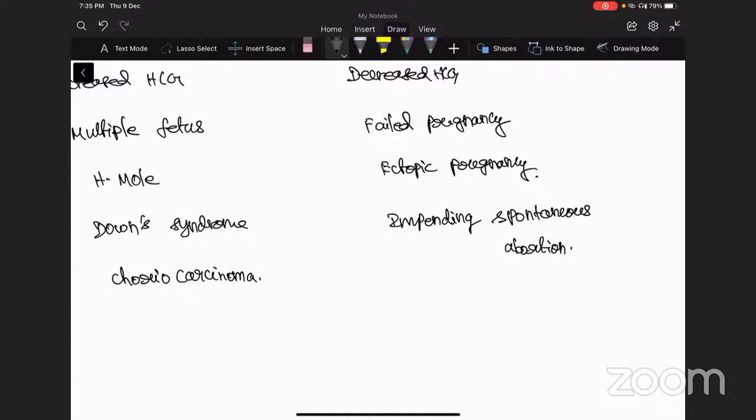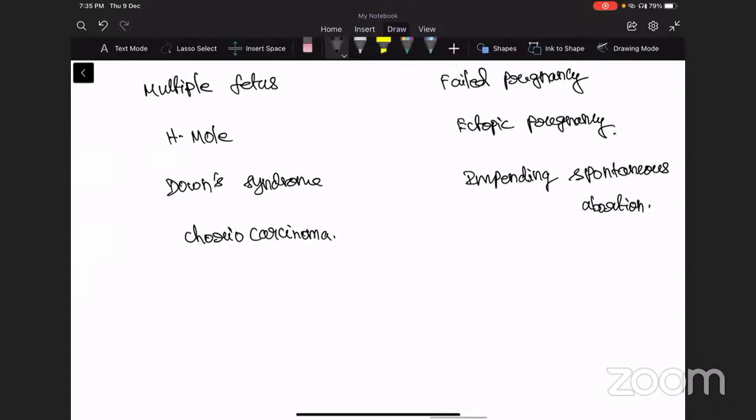Yes, very good, Sampath. Jojo, the drug of choice is MTX or the methotrexate.